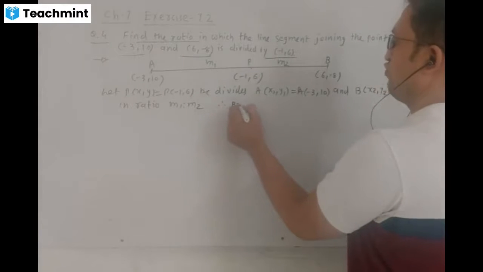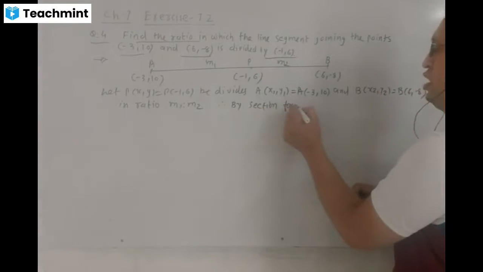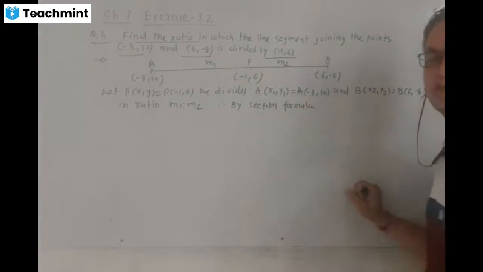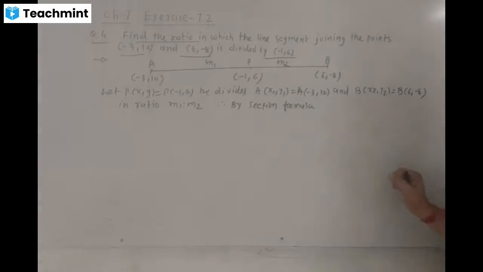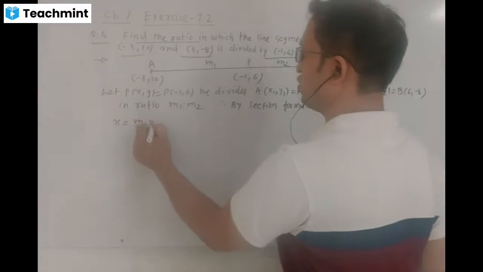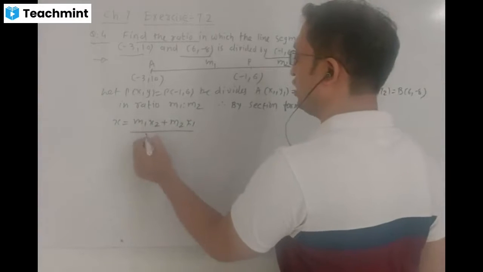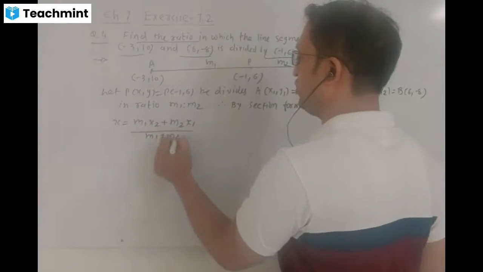Therefore, by the section formula, you can apply the formula for x or otherwise for y. But here x is equal to (m1 x2 plus m2 x1) divided by (m1 plus m2).